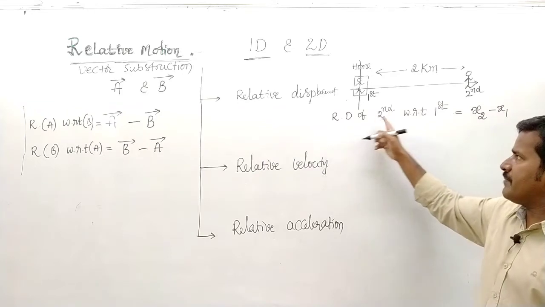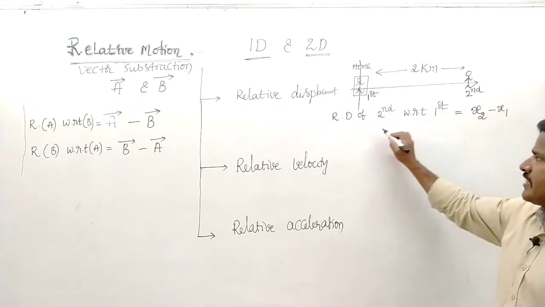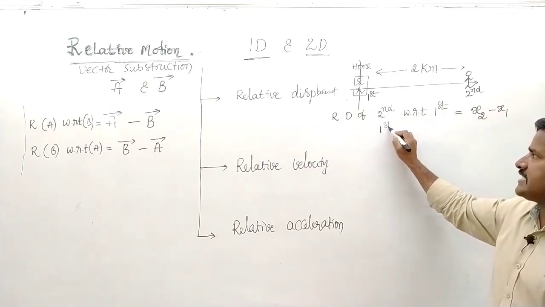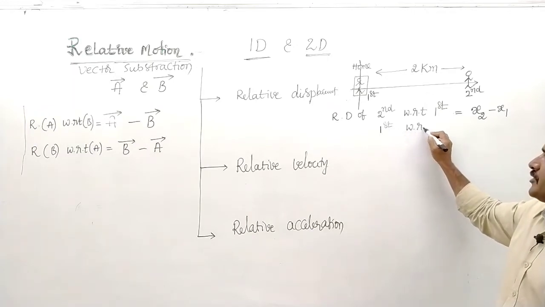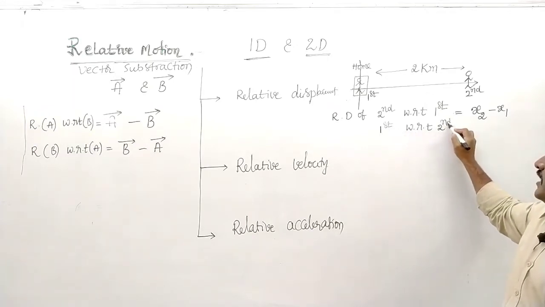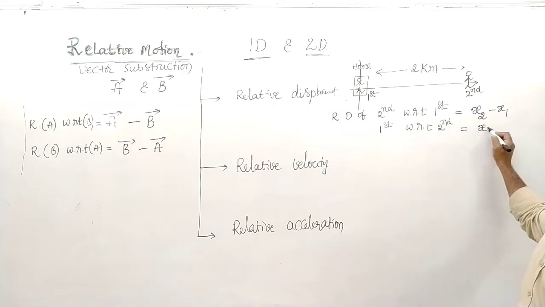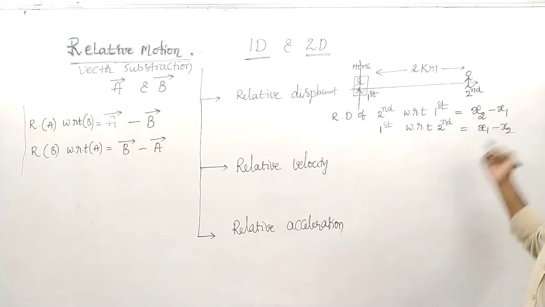The relative displacement of first with respect to second is written as x1 minus x2.